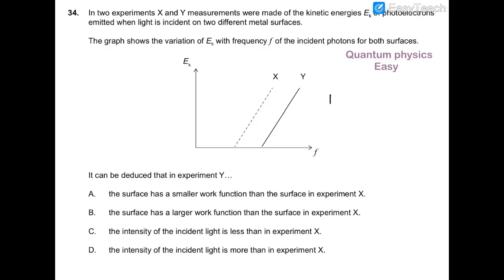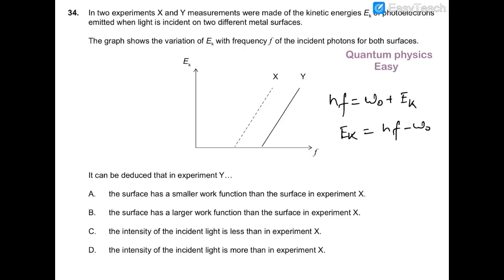So we know that hf is work function plus kinetic energy. So we can plot the graph. So E kinetic will be equal to hf minus W. This is a straight line, which is shown in the figure.